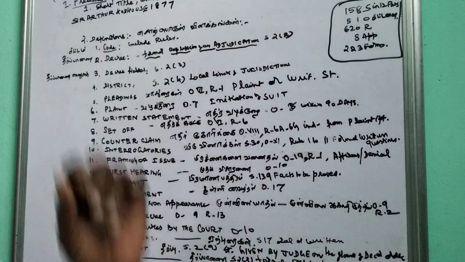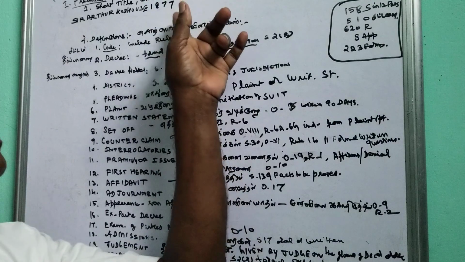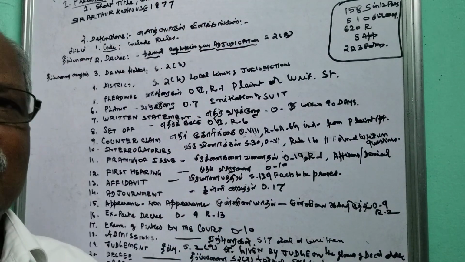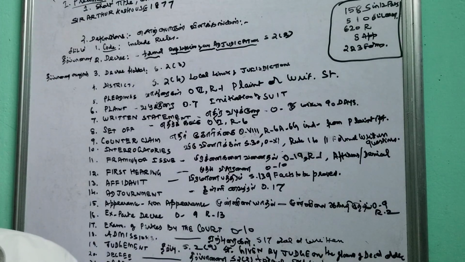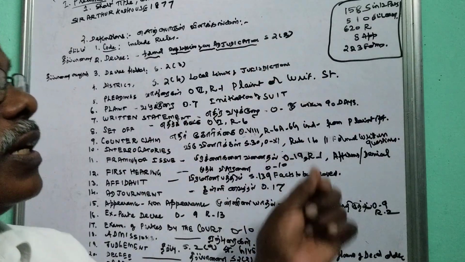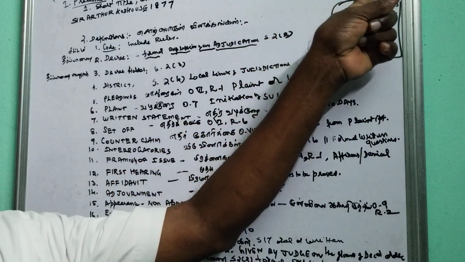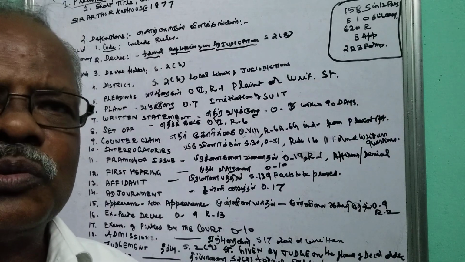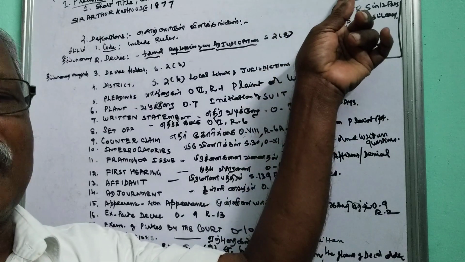The author of this Code of Civil Procedure is Sir Arthur Hobhouse, during 1877, and with so many amendments and modifications, this was enacted as the Code of Civil Procedure on 21st March 1908, and it came into effect from 1/1/1909.